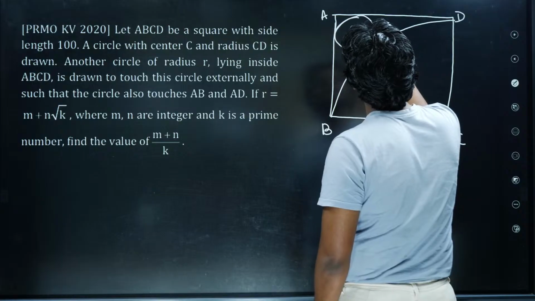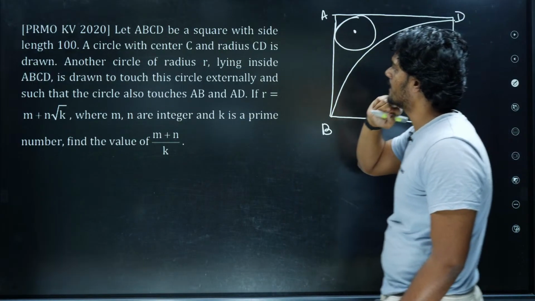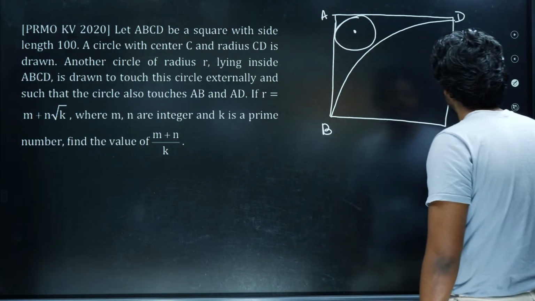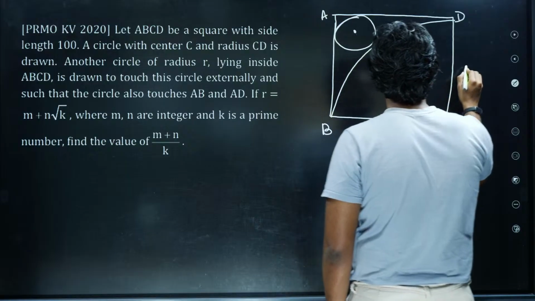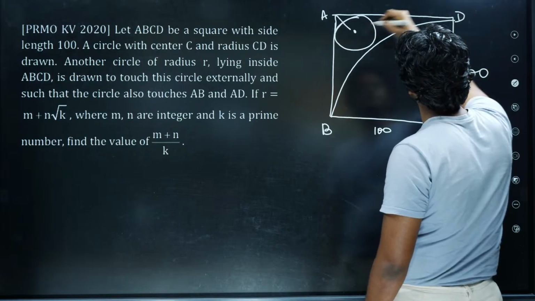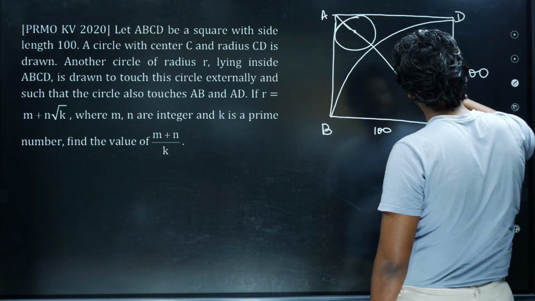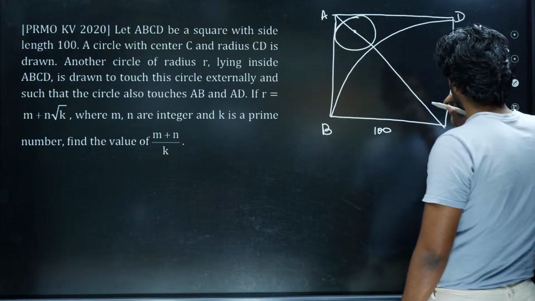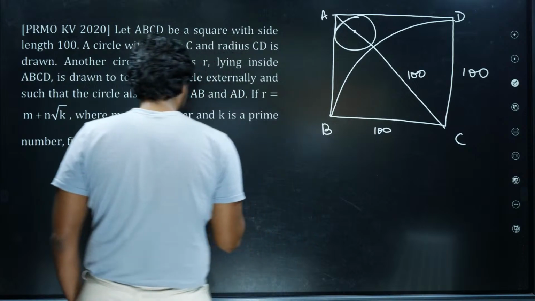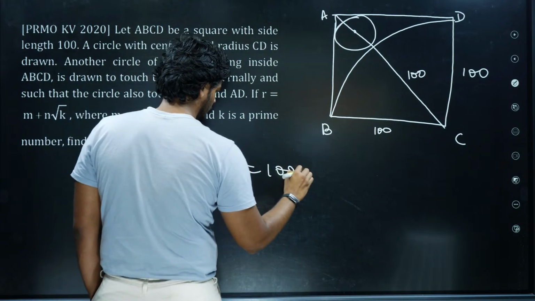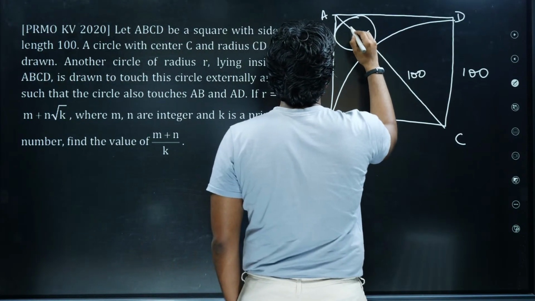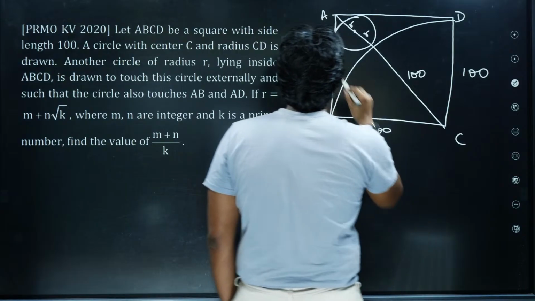So you have this, and the radius of this small circle is R, and we basically want to find R. What is R? So this is 100. This is 100. So if I join this, this is going to be 100. And AC we know is, by Pythagoras theorem, 100 root 2. And this is R, this is R. And what is this length?